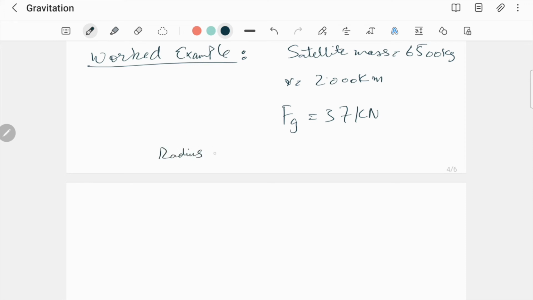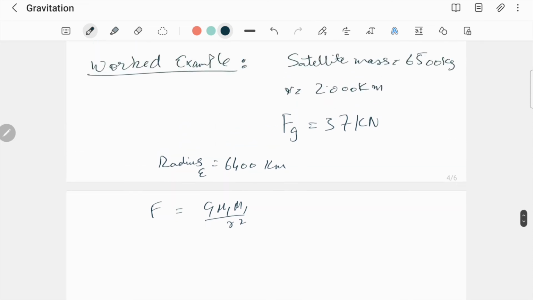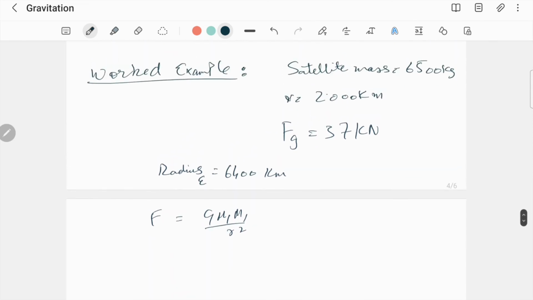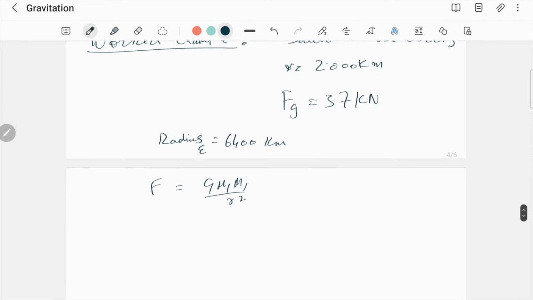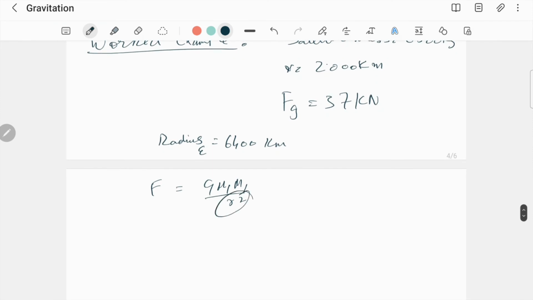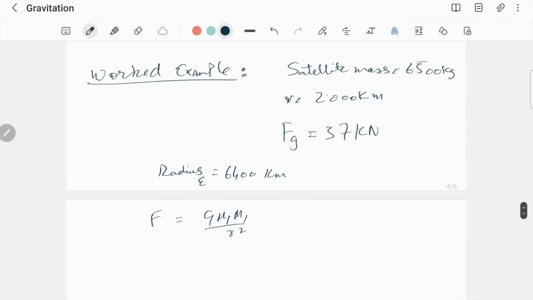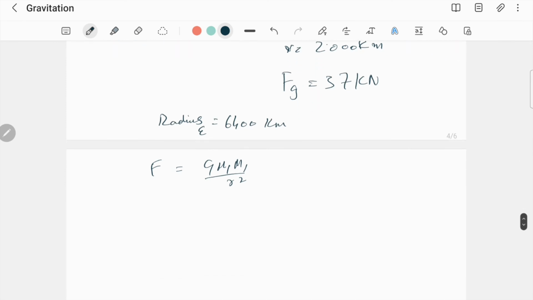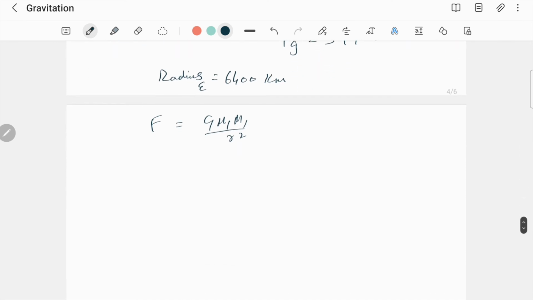Now, they've given us the radius of Earth, which is 6,400 kilometers. We have to use this formula to calculate the mass of the Earth. We have the force, the mass of the satellite, the separation, and Earth's radius.